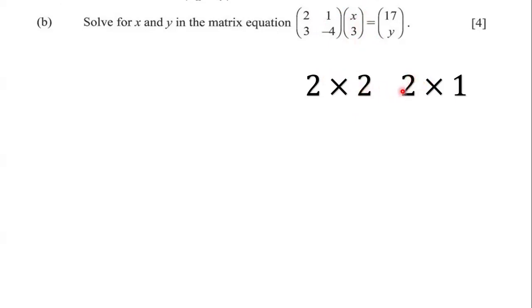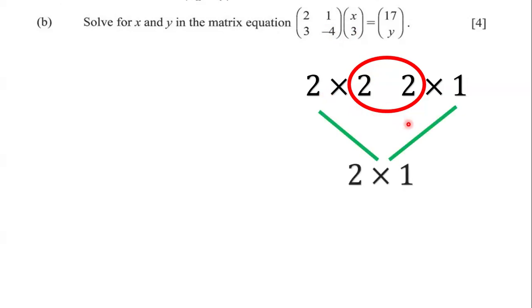But these two numbers are the same, which means that we can multiply these two matrices in this order successfully. We can also derive that the order of the resultant matrix is going to be 2 by 1.